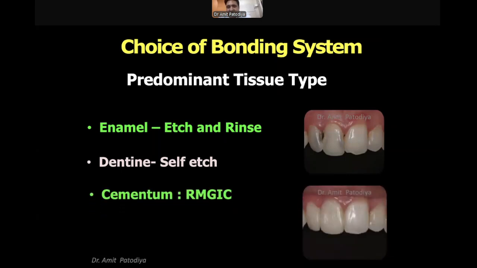And if by chance I have gone even deeper, to the cementum, in a case where there was gingival recession and the patient wanted something done there, you may find your composite difficult to adhere because the cementum is not a good substrate for composites. So there you may need a bilayer technique where the base is a resin modified glass ionomer, over the top you use a self-etch bond, and then build up with composite. So always remember what type of substrate you have. Based on that, you will select your bonding system.